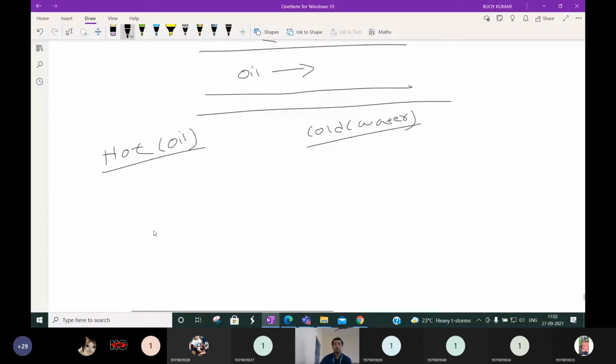So the oil mass flow rate, m dot h, is given as 900 kg per hour. What is the value of m dot c? It is not given. And what is given as the Cp for the hot fluid? It is given as 2.1 kilojoule per kg Kelvin. What is the Cp for the cold fluid?